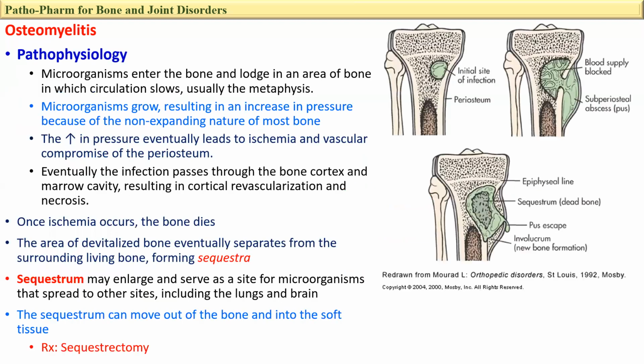So the pathophysiology is somewhat complicated, given the bacteria. First of all, let's go back to the indirect, the direct entry, and the contiguous.